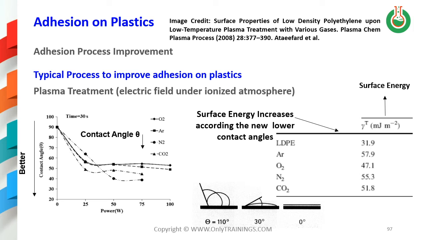In the first line, the low density polystyrene without any treatment with 31.9 of surface tension. In the following, the gases. In this situation, argon looks like a good option to create a higher surface energy, able to create a good condition for the adhesion process.